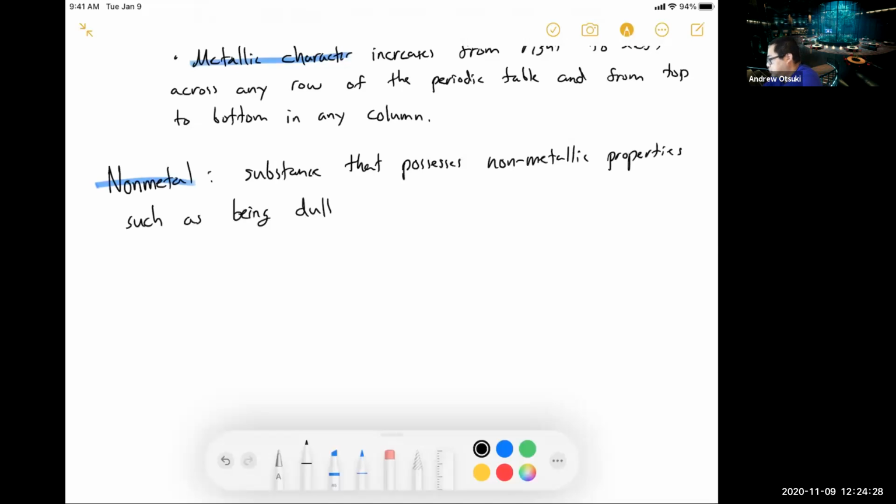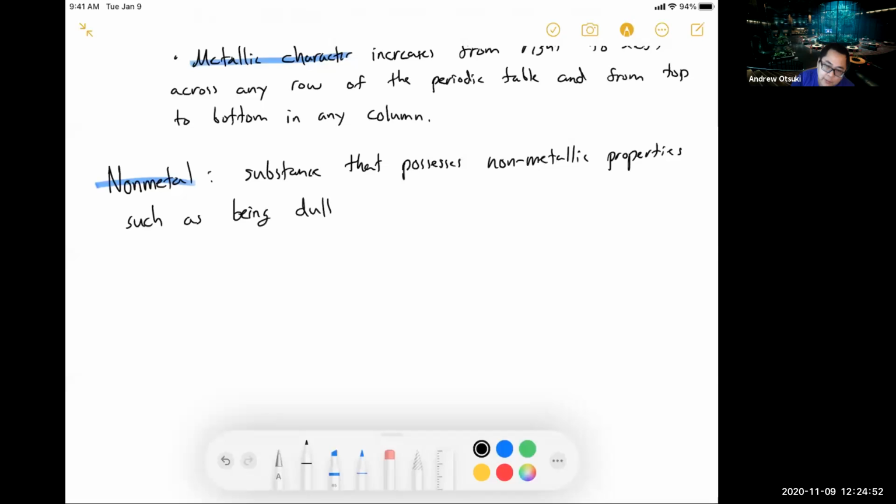What we mean by dull is the opposite of luster. They don't shine.